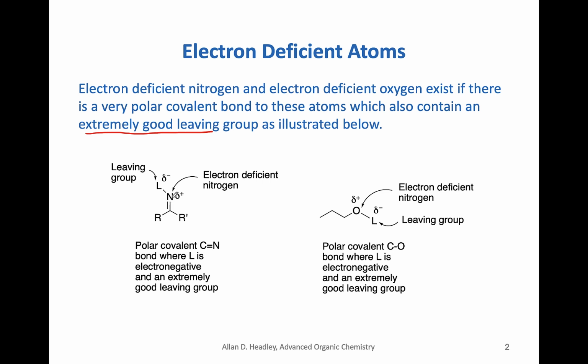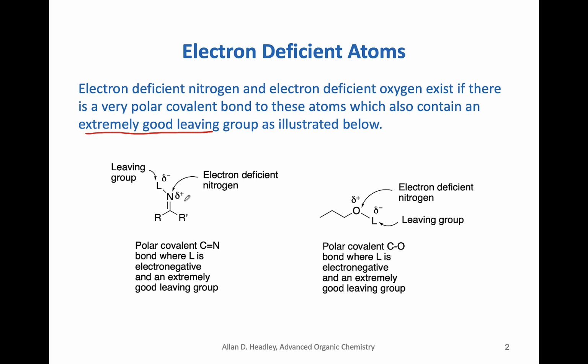It's double bonded to carbon, but here is a very good leaving group. It's typically electronegative, so this bond is a polar covalent bond where these electrons are closer to the leaving group, leaving this nitrogen partially positive. So this is an electron deficient nitrogen.